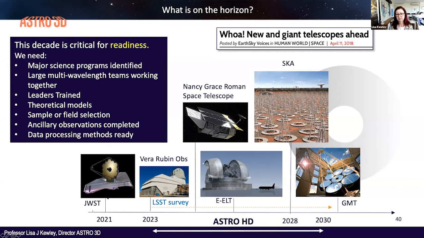So really we're getting ready for these telescopes. We need to have our science targets ready as a centre. We're building our teams and our leaders and our theoretical models and the sample selection ready to go. In particular, it's a big year for the ASTRO HD Next Centre proposal being led by Stuart Wyithe and Kath Trott.